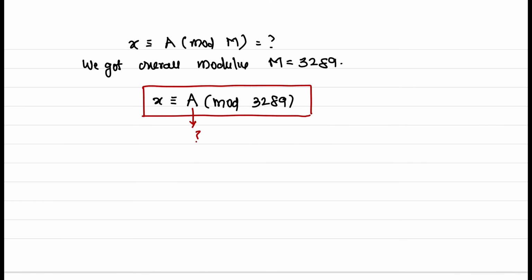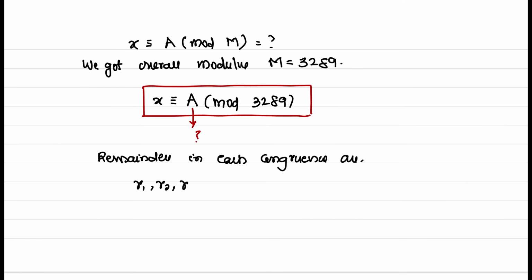What are the remainders given in the problem? The remainders in each congruence are R1, R2 and R3.